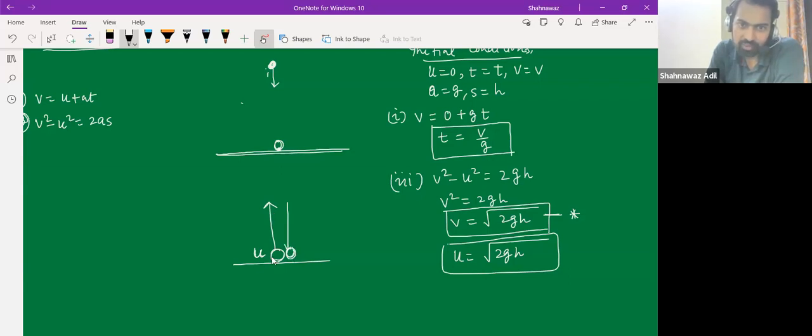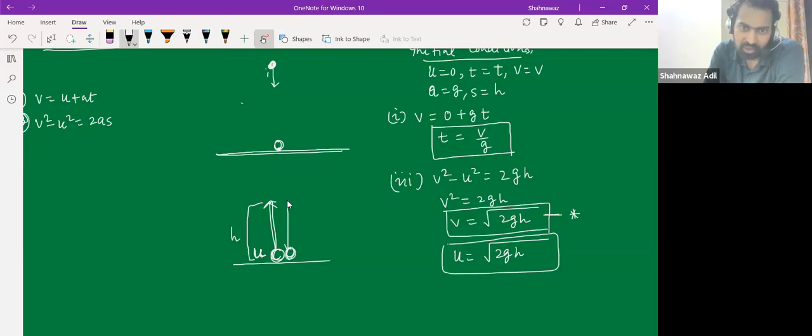Whenever you throw an object with some speed u, and when it falls back, it will have the same velocity with which you threw this object. Is that clear to you guys? Let's say you throw this object with some initial velocity u. It will reach its maximum height, and then its velocity would be 0. Now the gravitational acceleration will pull this object back in the downward direction.